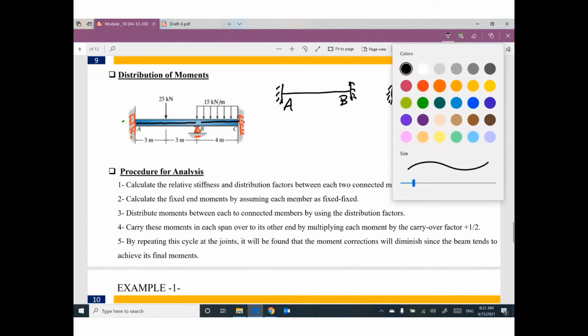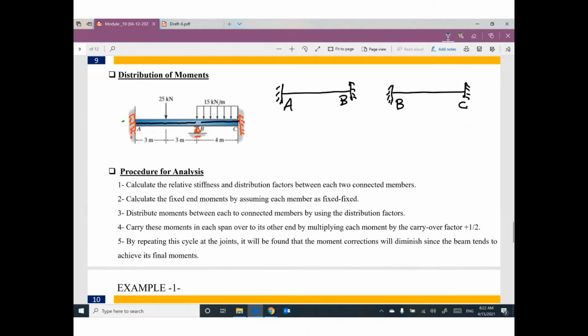The first member is under the effect of one concentrated load, 25. This distance A equals 3, this distance B equals 3, and the length L equals 6 meters. Can you tell me what the fixed end moment is here? Yes, I can.